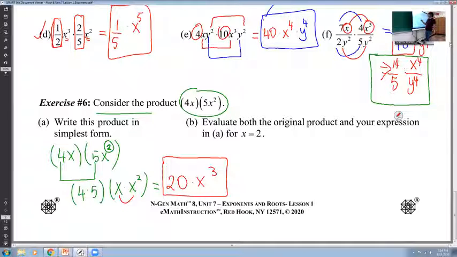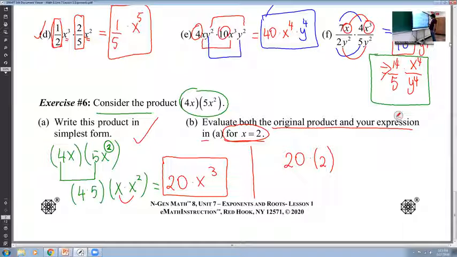Okay, write this product in simplest form. This is done. And relate both the original product and your expression for x equals 2. All right, so 20. Can I use x anymore? It is asking you to use 2 for x. So remove x and replace it with 2.